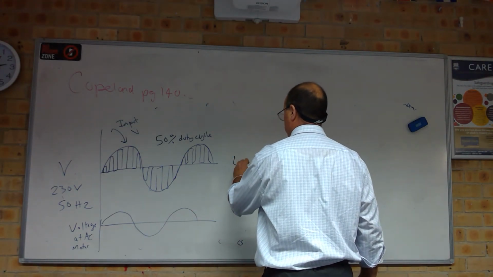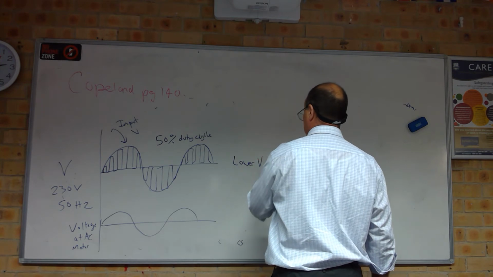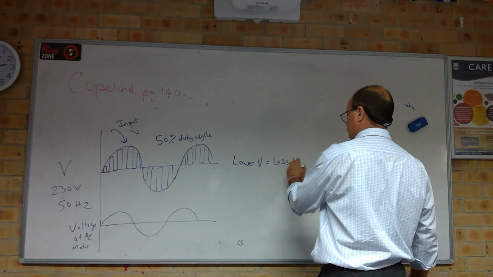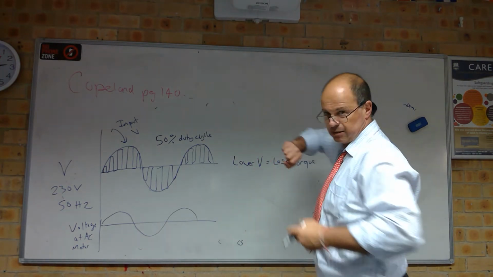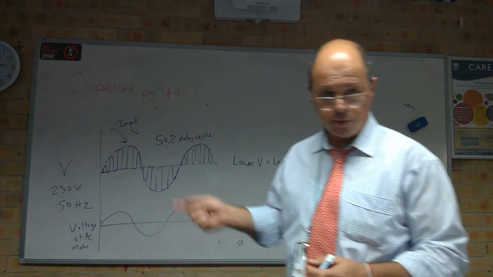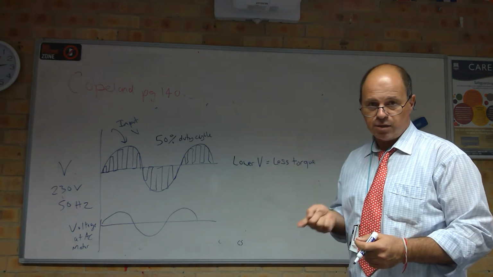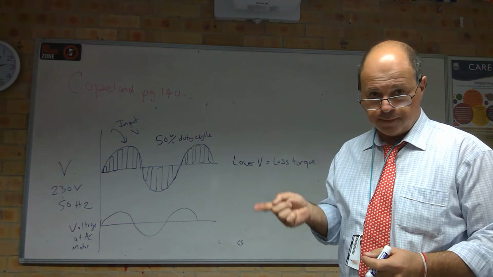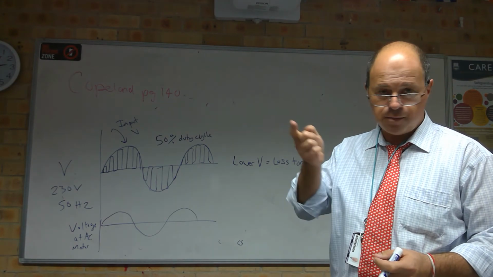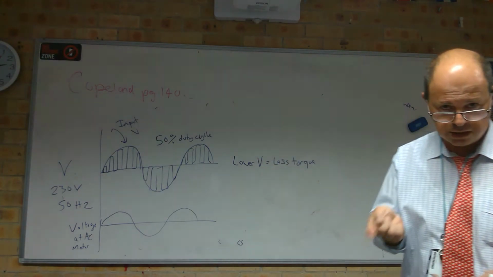So a lower voltage equals less torque, okay? So that's basically less strength on the actual motor. It won't affect the speed. The speed is happening because your rotor is chasing that magnetic field. That magnetic field is not changing its speed, okay?